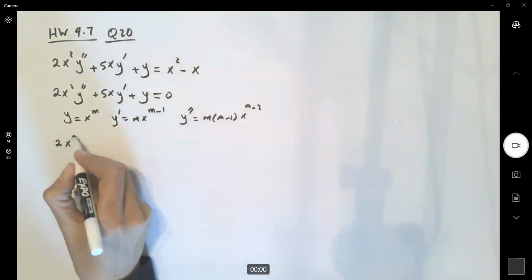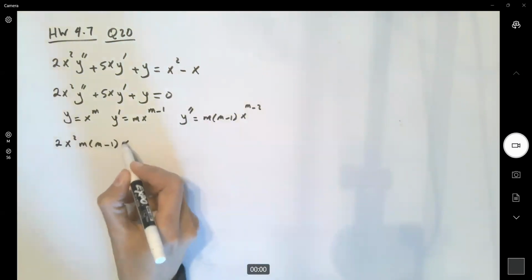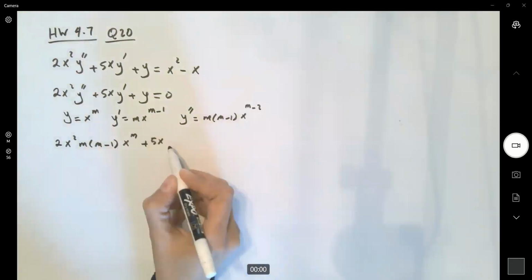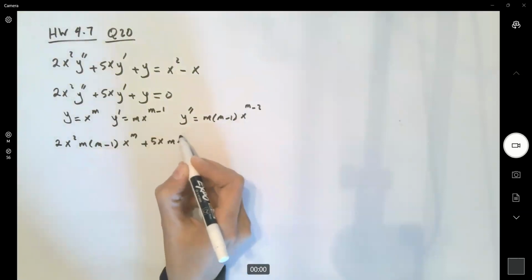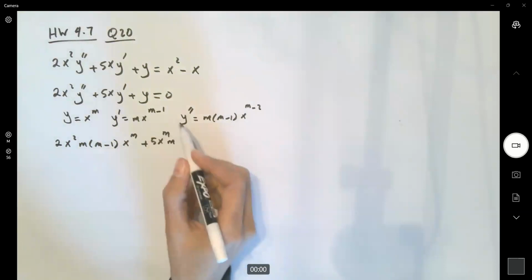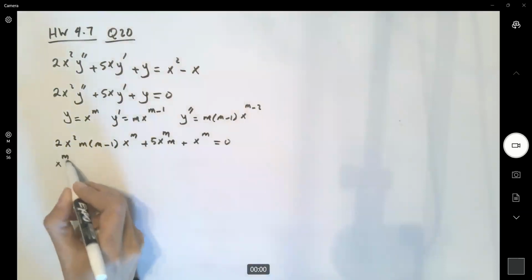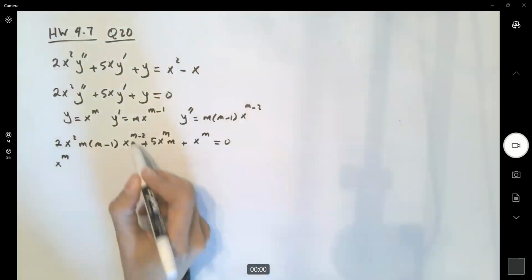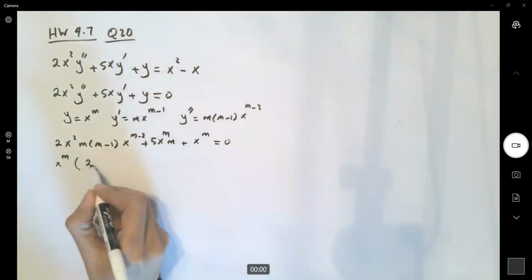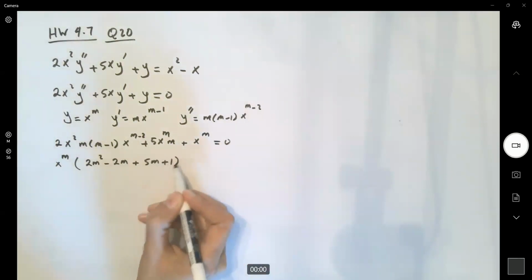We get 2x squared m(m minus 1) x to the m minus 2 plus 5x times m x to the m minus 1, so eventually it becomes x to the m, and finally plus y, which is x to the m, equal to 0. Factoring out x to the m, we get 2m squared minus 2m plus 5m plus 1 equal to 0.